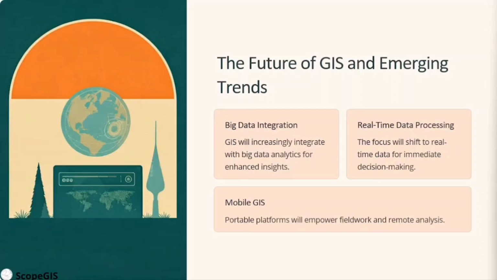So in the near future, mobile GIS is going to be a big thing as it enables the collection, analysis, and sharing of geospatial data in real time from any location at all across the world. And this mobility enhances field data collection, allowing for more accurate and timely data updates directly from the source.